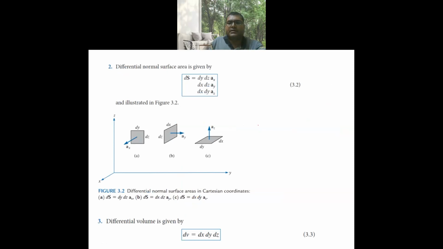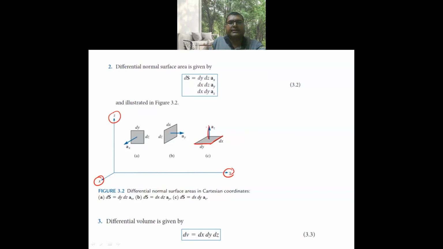Differential surface or differential normal surface. Before calculating the differential normal surface, let us discuss the Cartesian coordinate system. Here x, y and z axes are given, with the differential length along x-axis and differential length along y-axis.